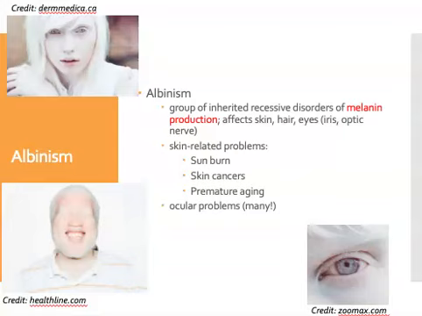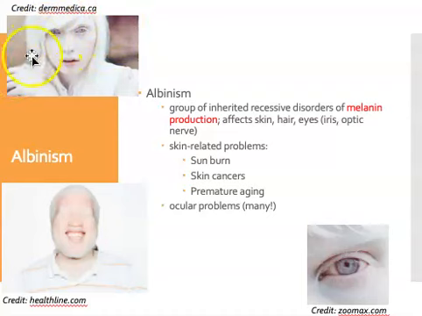It turns out that melanin is critical not only for the pigment associated with the human eye, but also for the function of the optic nerve. So people that suffer with albinism have a variety of skin-related problems due to the lack of melanin, and also a variety of ocular problems due to the lack of melanin.